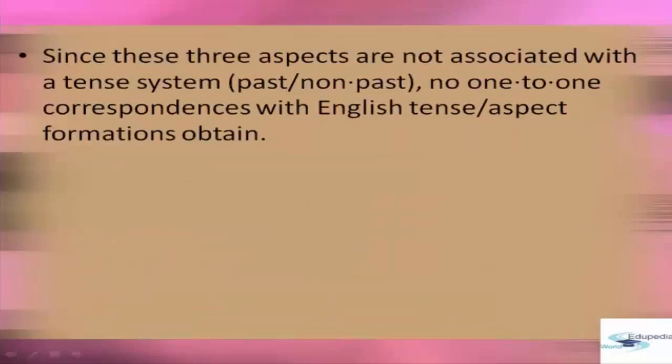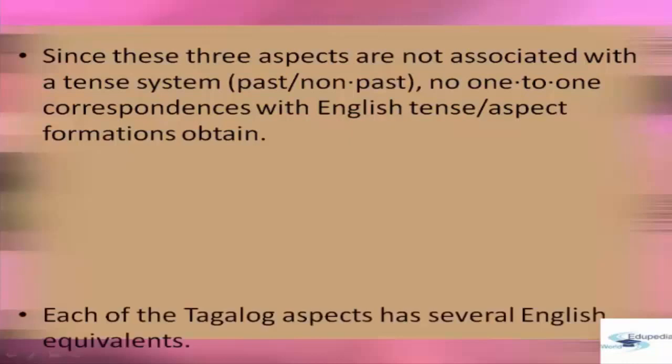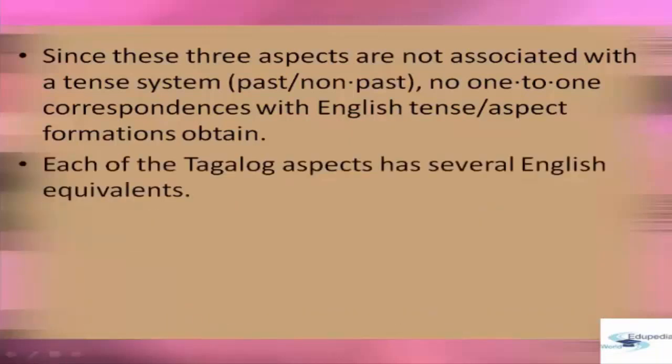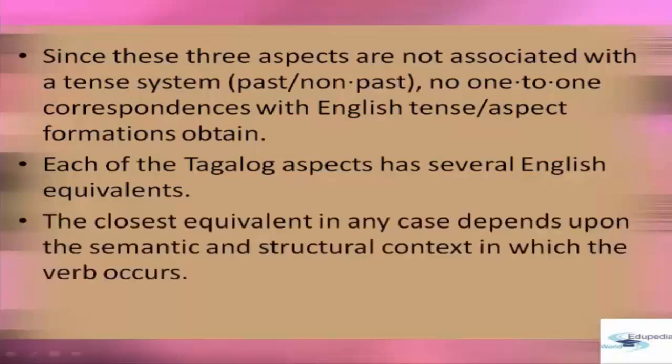Since these three aspects are not associated with the tense system, past or non-past, no one-to-one correspondences with English tense or aspect formations obtain. Each of the Tagalog aspects has several English equivalents. The closest equivalent in any case depends upon the semantic and structural context in which the verb occurs.